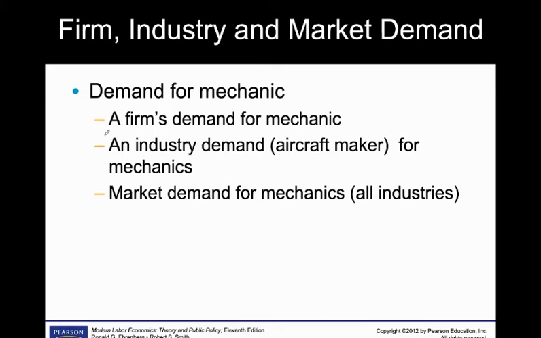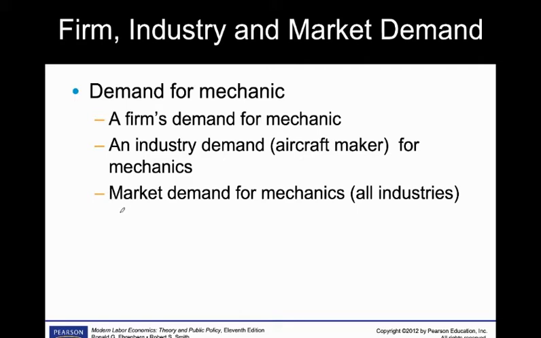In this case, your firm needs to hire mechanics. That will give us a firm's demand for mechanics to repair aircraft. A combination of many firms in that industry, the aircraft repair industry, would make up the industry demand for mechanics that have the skills to repair aircraft.